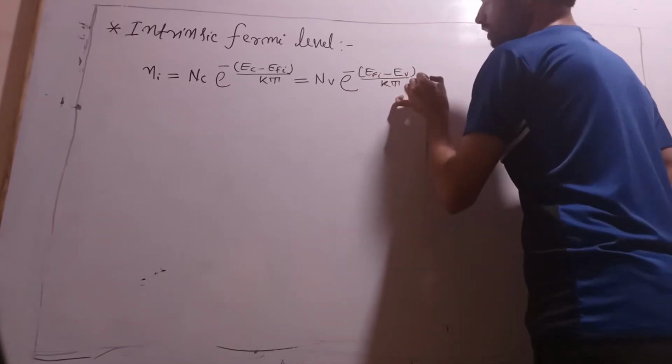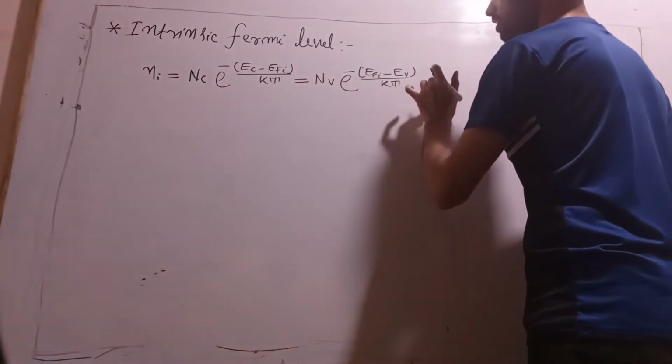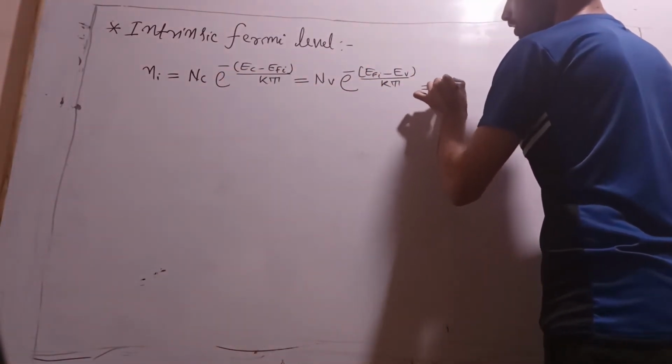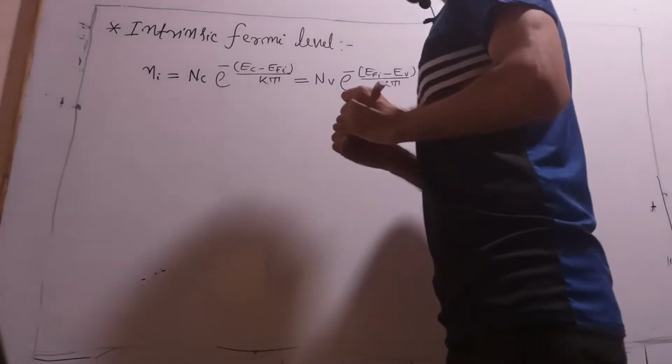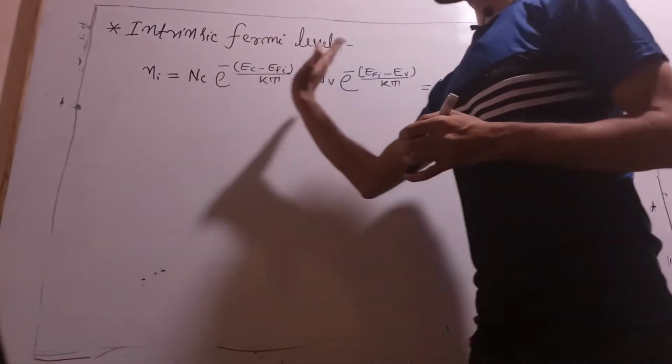Ni is equal to Pi, both are equal. These are the intrinsic carrier concentrations in an intrinsic semiconductor material.